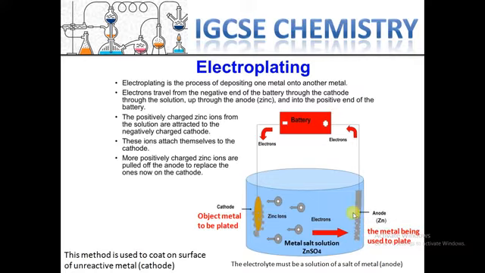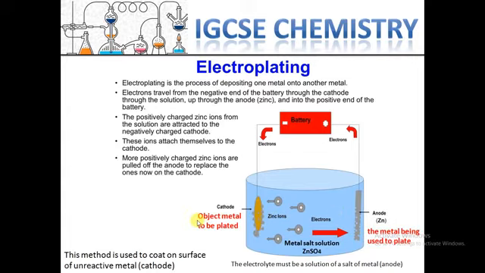The zinc ions, which are cations, a positive form, can move toward the cathode because there is an electron current, from the positive to the negative part.